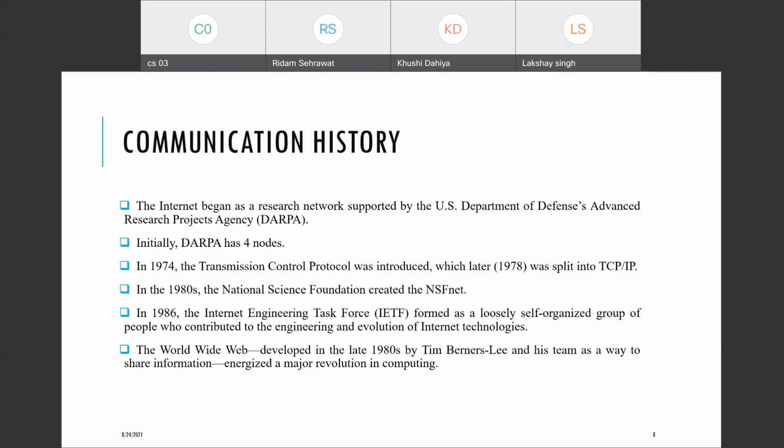They grouped people who have knowledge related to internet technology. They work together, and finally they implement or propose suggestions. They give better technology.